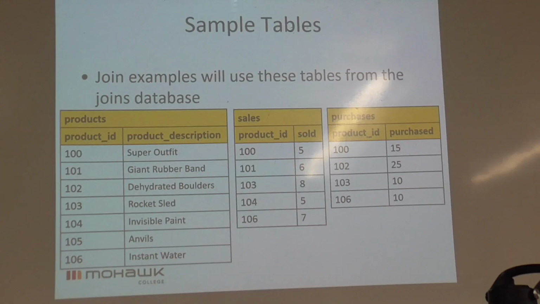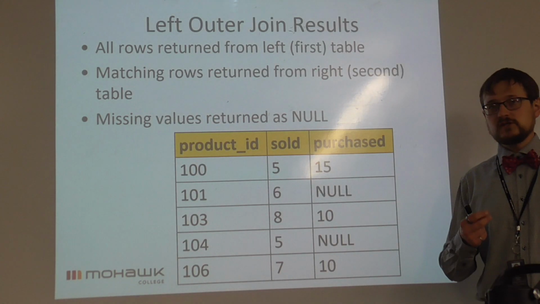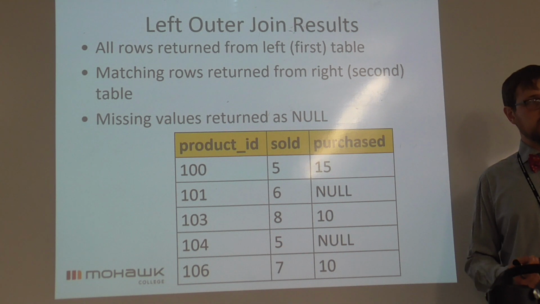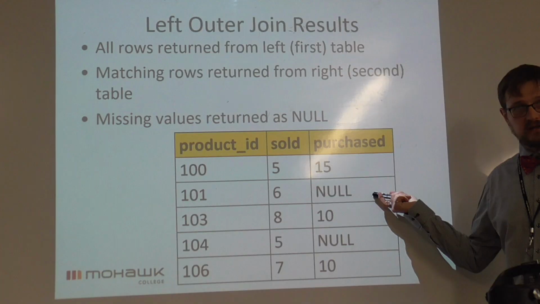Reminding ourselves, we've got 100, we've got 0, 1, 3, 4, and 6. The point of the left join, if there is no matching value in the other table, a null is provided.